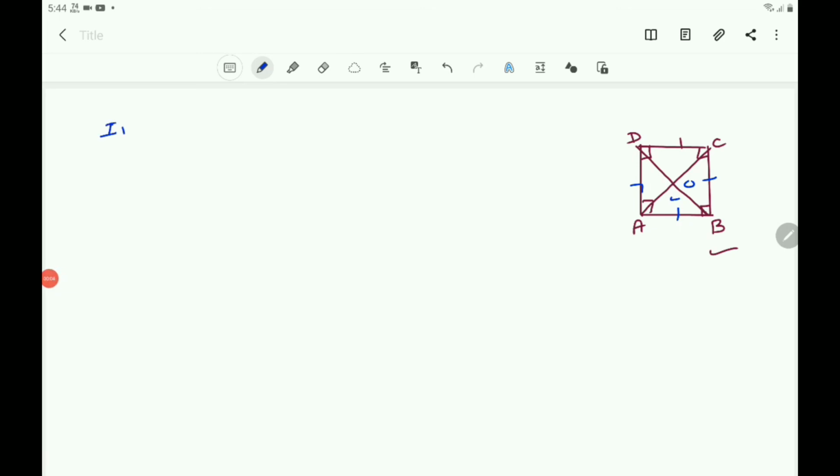In triangle AOB and triangle AOD, first thing you write AO equals AO, common side. That is the common side of both triangles. And also you can write AB equals AD because they are the sides of the square.